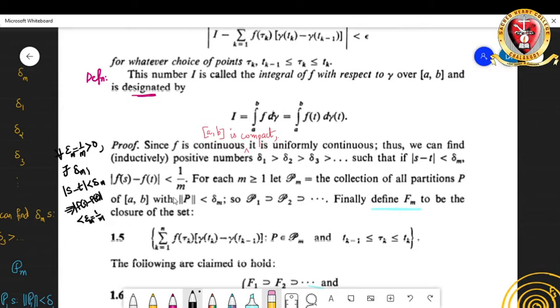That is what is written here. If modulus of s minus t is strictly less than delta m, then modulus of f of s minus f of t is strictly less than 1 by m.